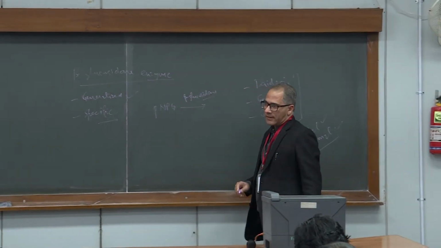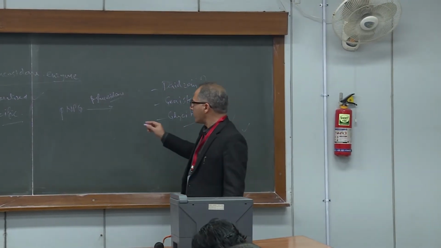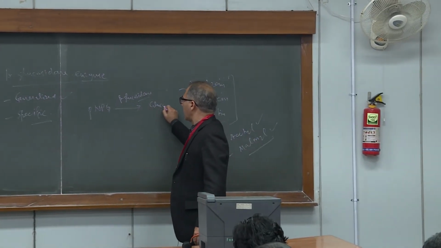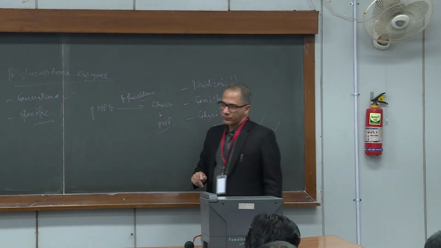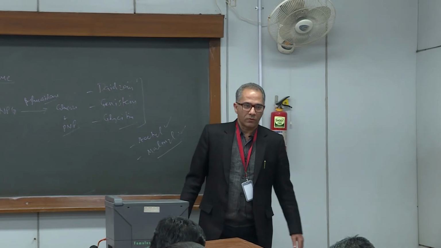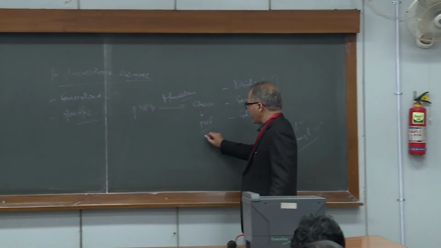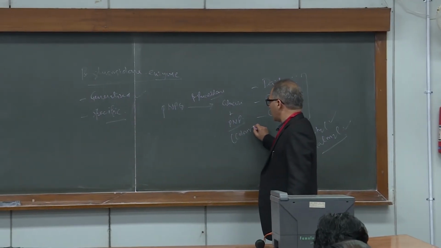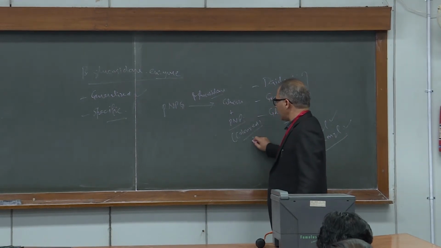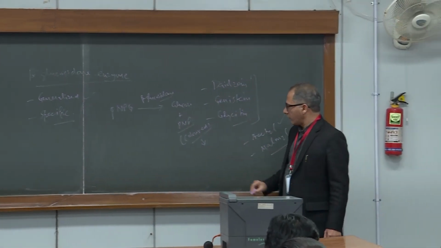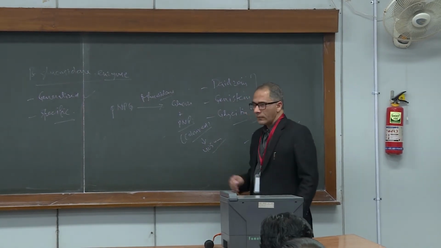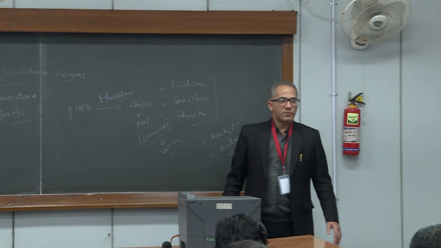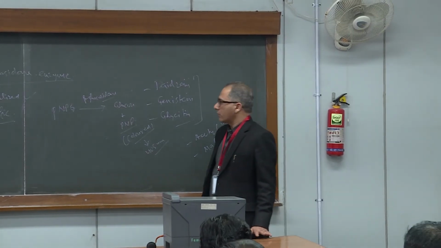This beta-glucosidase acts on it, removes the glucose moiety, and you are left with para-nitrophenol, which is a colored compound, and you can read the absorbance of this colored compound at 405 nanometer.